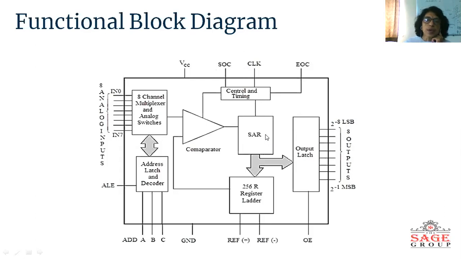As soon as all the bits are compared, after completion of the conversion, the end of conversion signal will be generated by the ADC, and when the output enable signal is high, the converted digital value will be latched into the output latch and available as an 8-bit output.